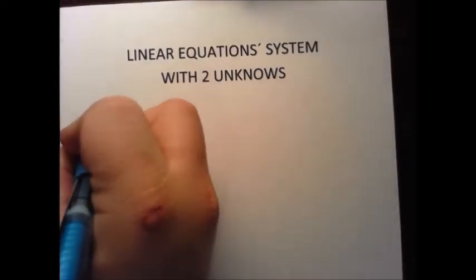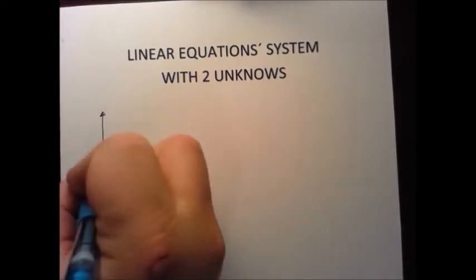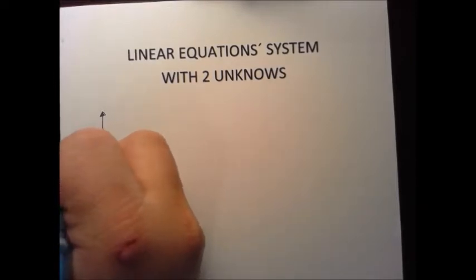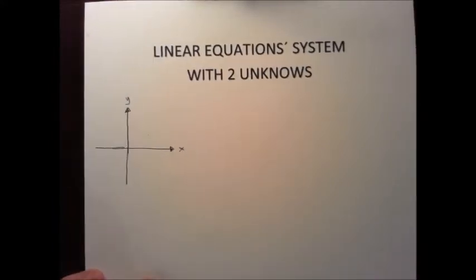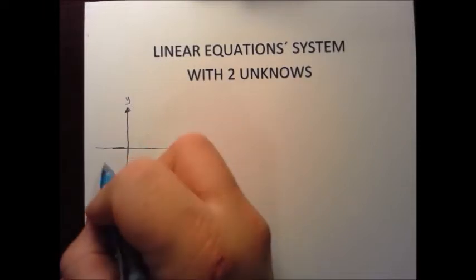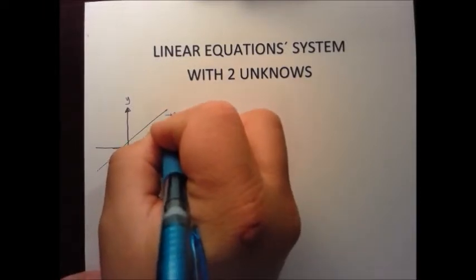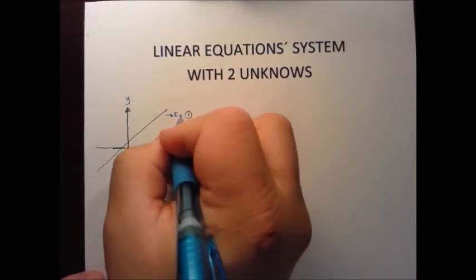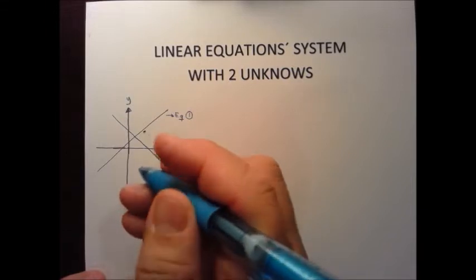For example, this is case number one. Let's write the Cartesian plane xy, and we are going to have two linear equations. Maybe this is going to be equation number one, and this is going to be equation number two.